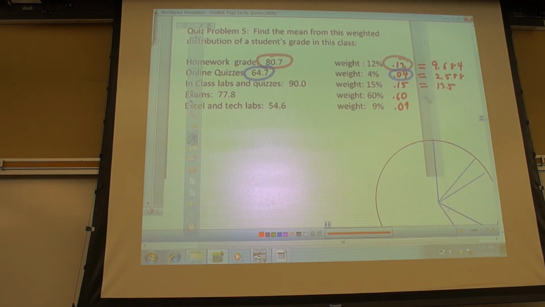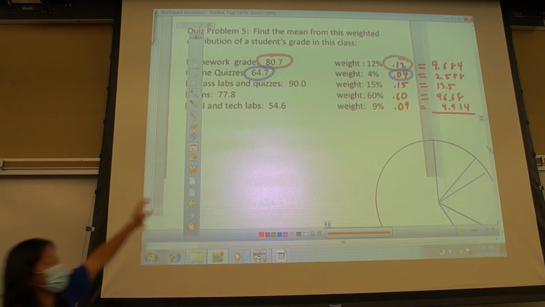Next one? 46.58. Next one? 4.914. Right, and again, like these folks are all doing, don't round until the end. Is it 46 or 47? Sorry, 47.68. Is that right? No, it's 46.68. Yeah. My bad. So don't round until the end.